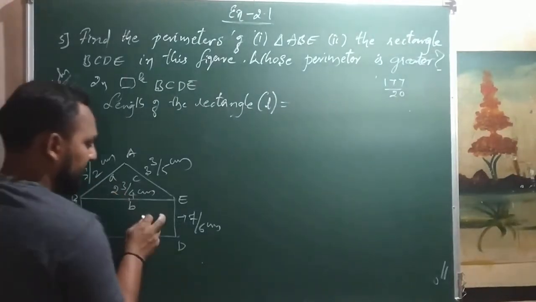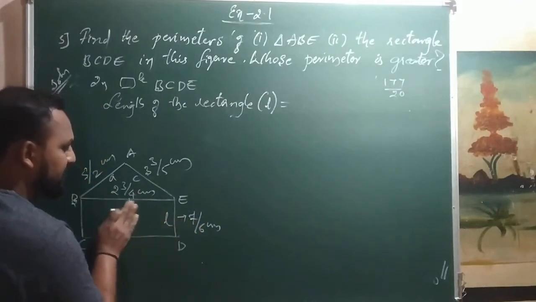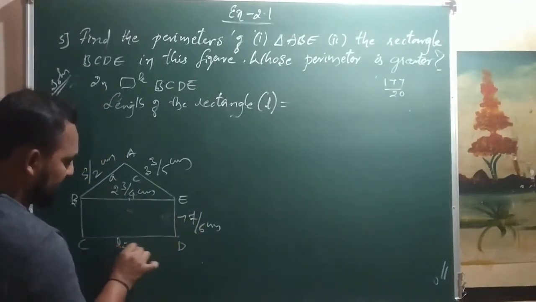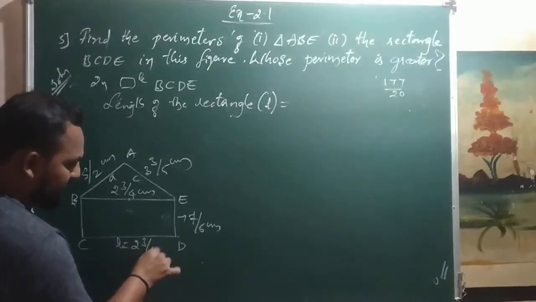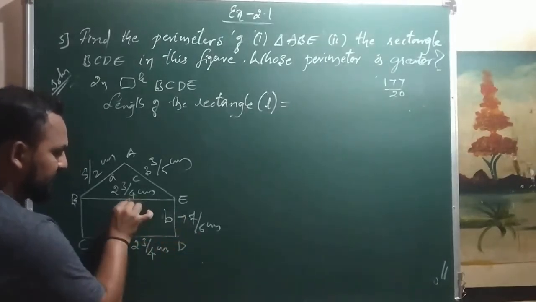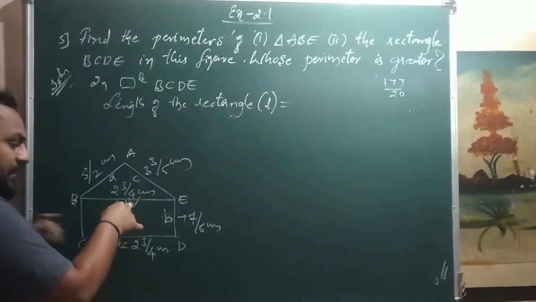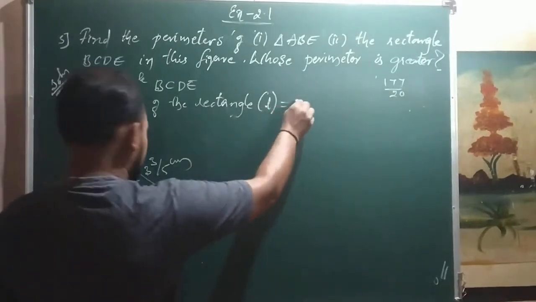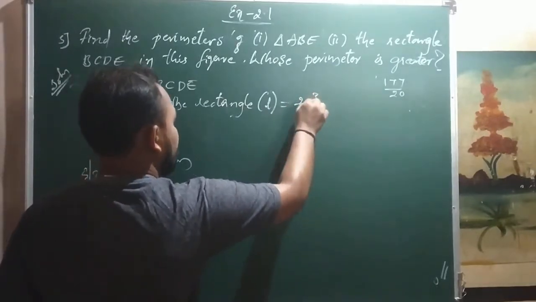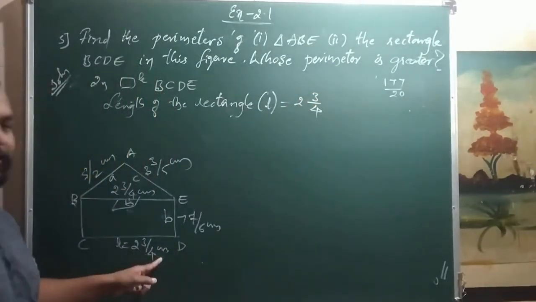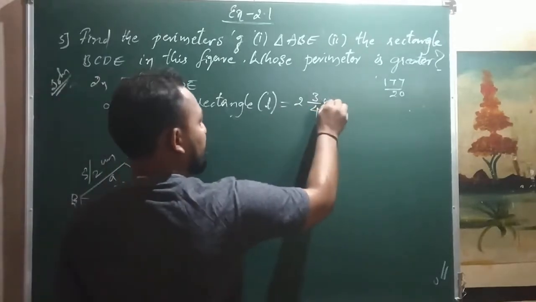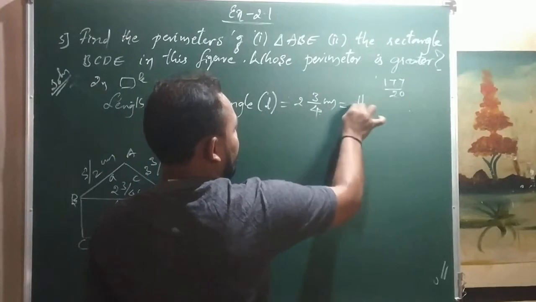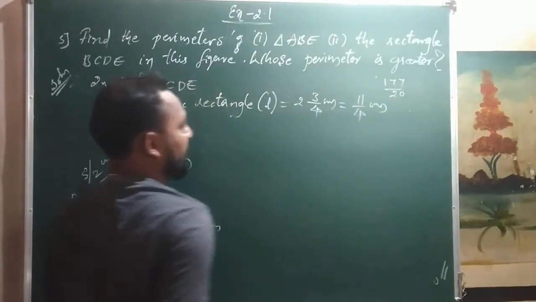This one is the length, 2 integer 3 by 4 centimeter, and this one is the breadth. Convert into improper: 4 2s are 8 and 11 by 4 centimeter.